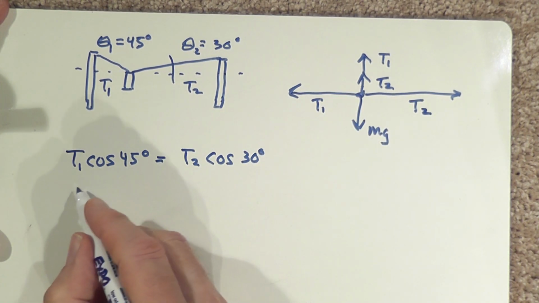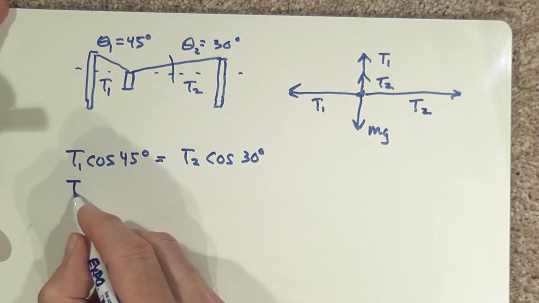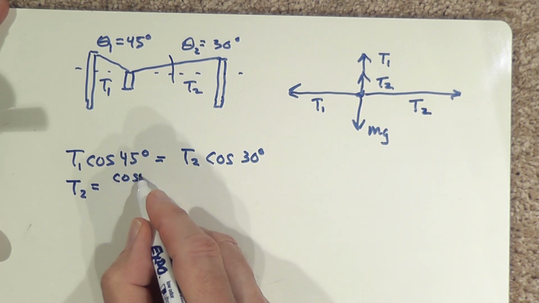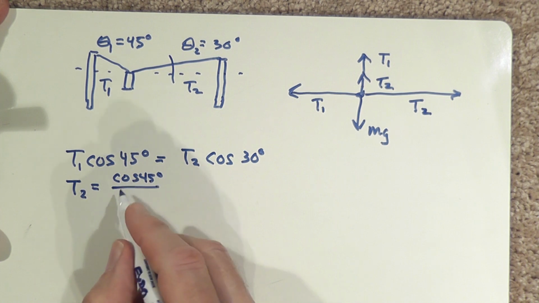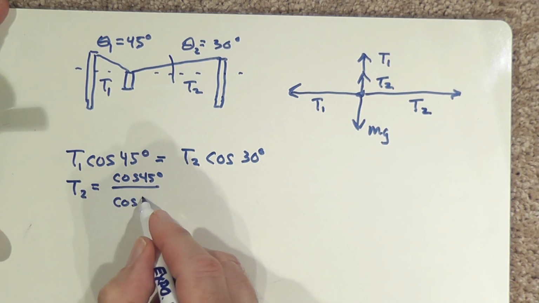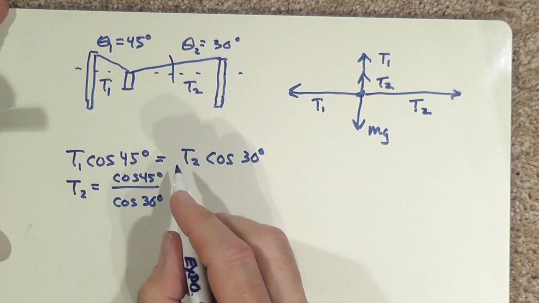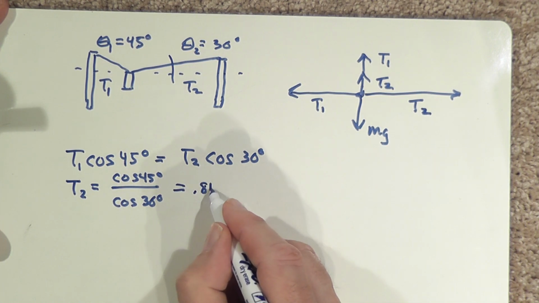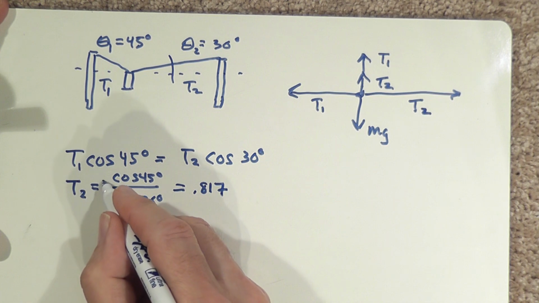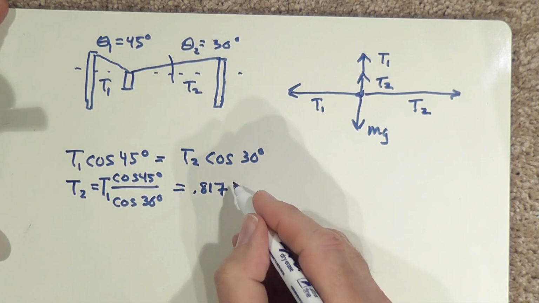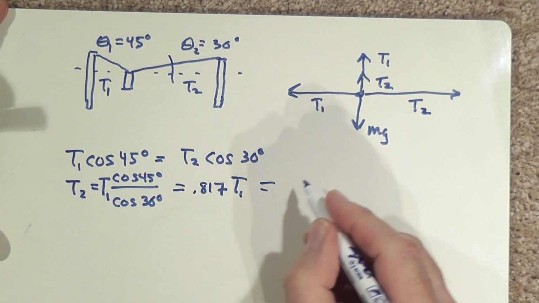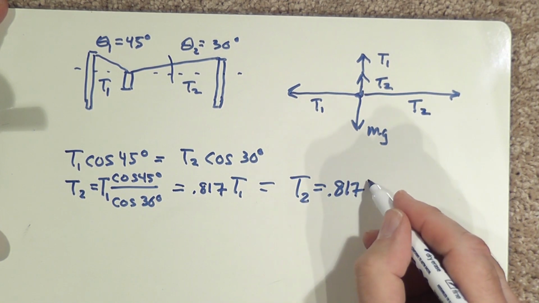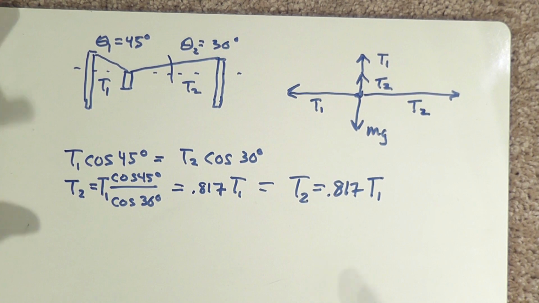Let's solve for T2. This is going to be cosine 45 degrees divided by cosine 30 degrees, and this is going to be equal to 0.817, I'm sorry, times T1. So T2 is equal to 0.817 T1. Okay, that's what we found out.